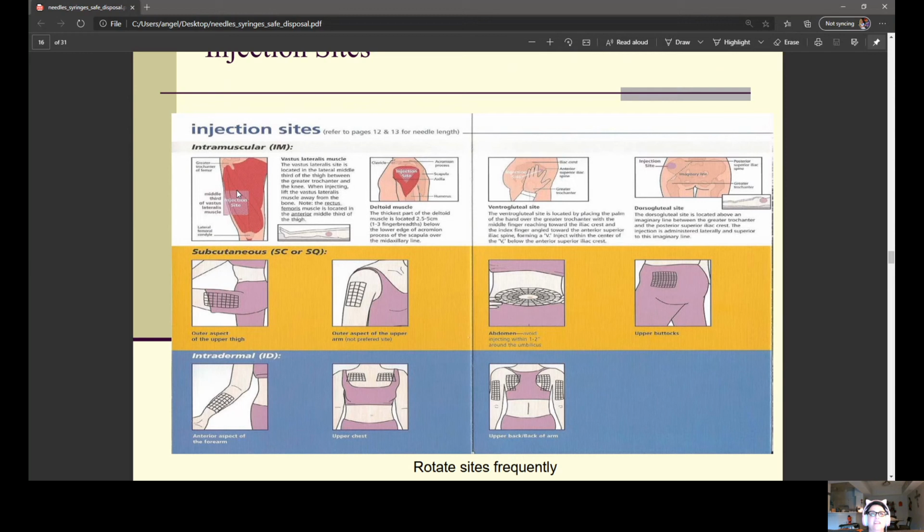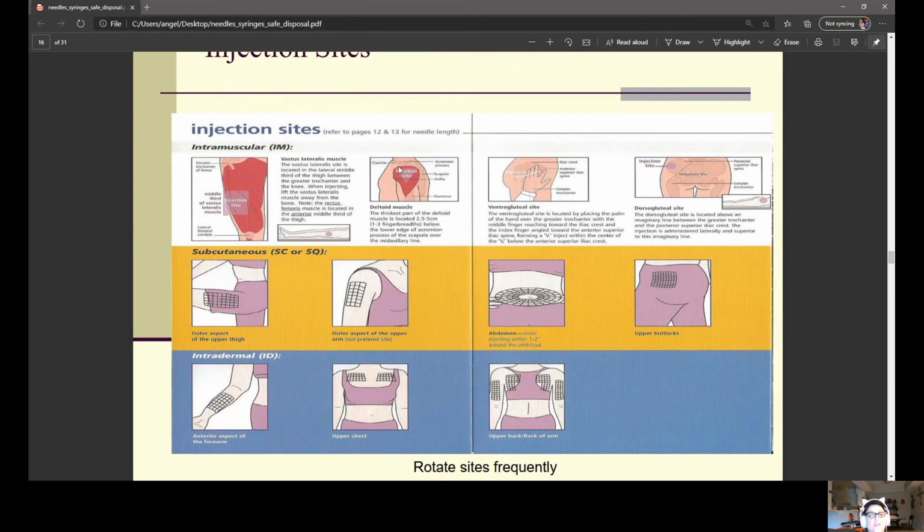So the place that they have a large amount of muscle and a large amount of fat is the thigh. So our injections for our peds are usually right in this area, and we'll talk about that. It's the lateral, I can't ever pronounce this, the vastus lateralis muscle. And on the babies, it's where you've got that nice chunky part.